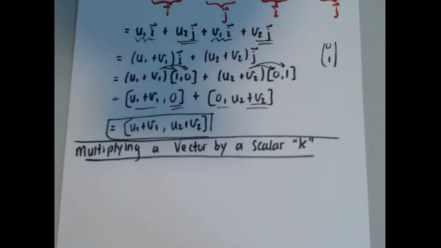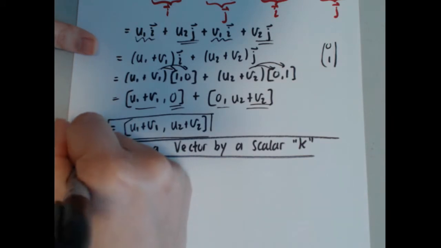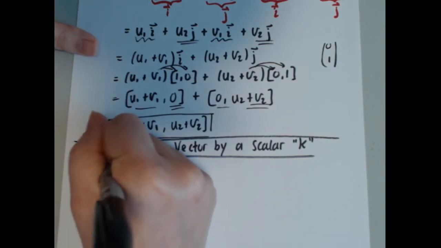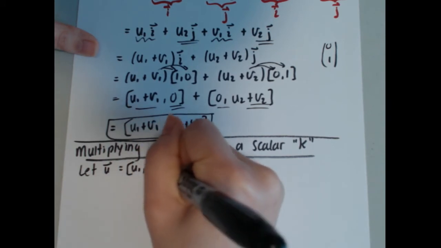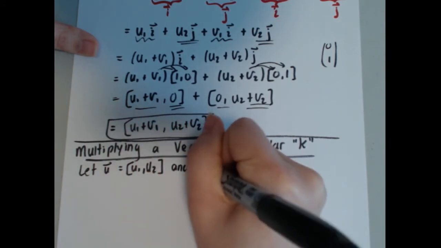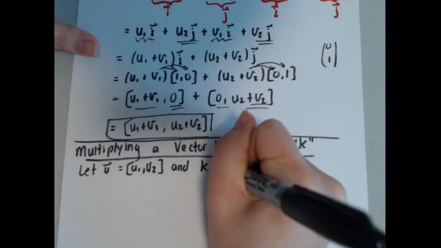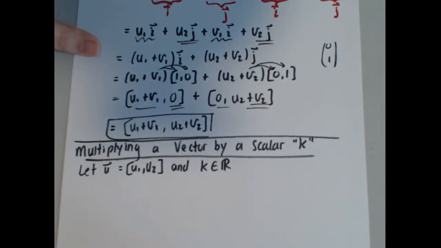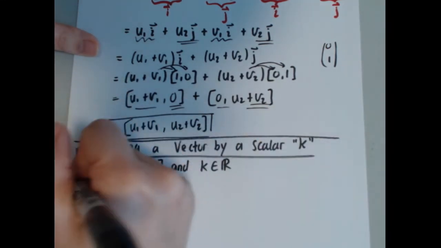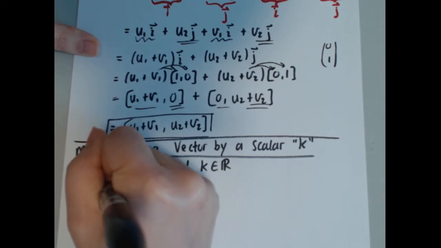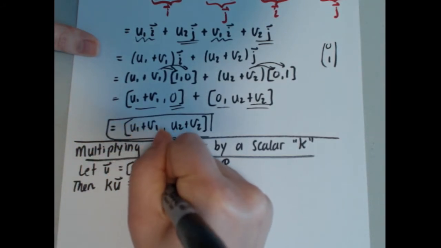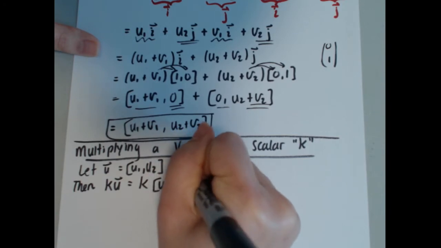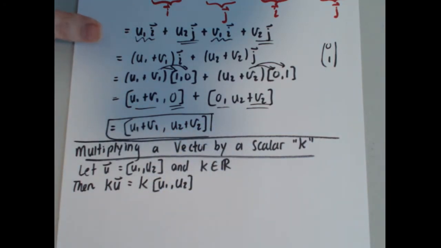Okay, so you're taking a vector and you're multiplying it by a number. So let u, again, be the vector u1 comma u2. And k is just our constants, so we're going to say it's an element of the real numbers. Okay. If that's the case, then k times u is going to be k times u1 comma u2, right?